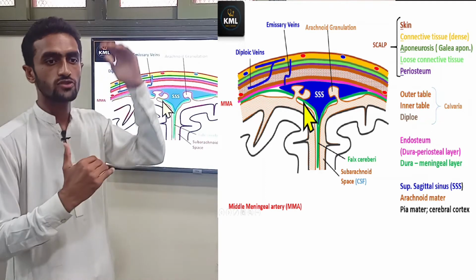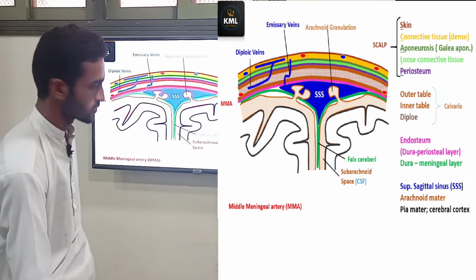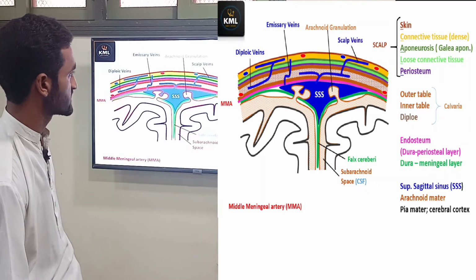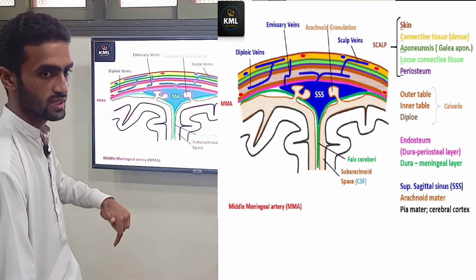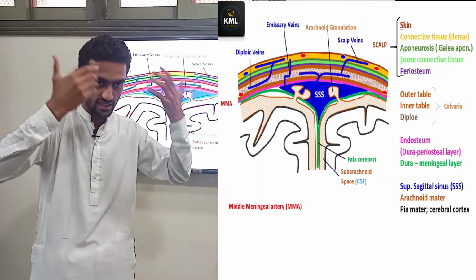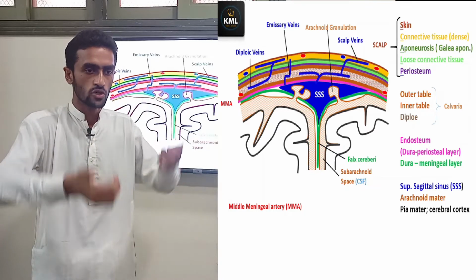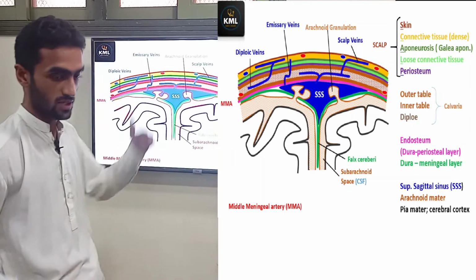So emissary veins connect the extracranial part with the intracranial part. These are scalp veins, veins coming from your scalp, so they are connected also. That's why when there is an injury in the scalp region, it can lead into the superior sagittal sinus. So you can see the pathway of this.